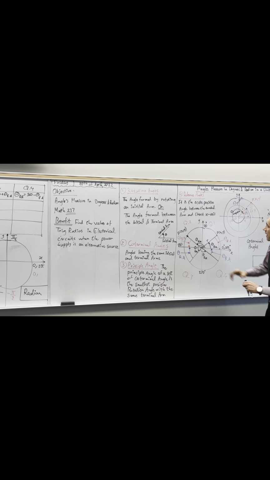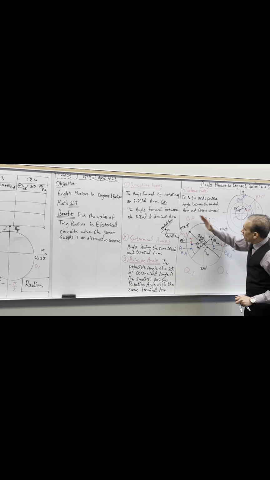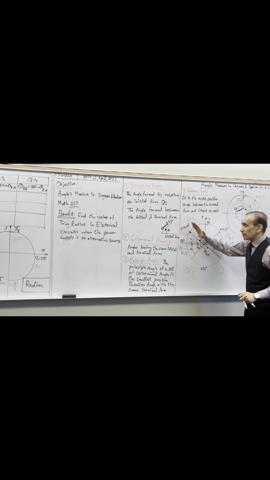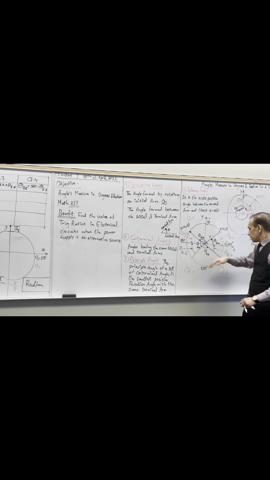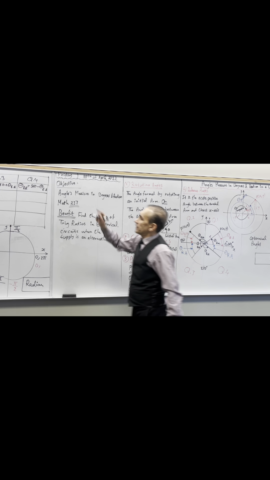So the rotation angle is 180 minus the reference angle in the second quadrant. In the first quadrant, they are both the same. In the third quadrant, the rotation angle is 180 plus the reference angle. In the fourth quadrant it is 360: you go all the way to the beginning, then you come back by the reference angle. So we have this in here.